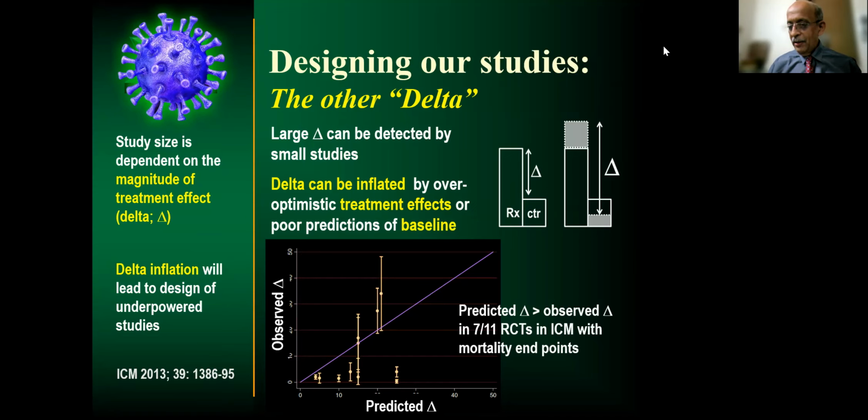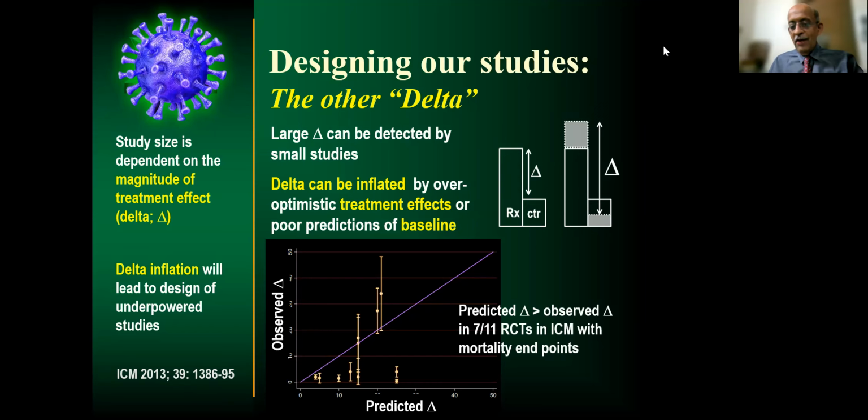And very typically, it is seen that when authors are dealing with death-related outcomes, they exaggerate the benefits on mortality of that treatment. And they probably also underestimate or really basically make the control group look very bad, exaggerating this delta, or the difference, or the magnitude of the treatment effect is inflated. This is what is called as delta inflation.